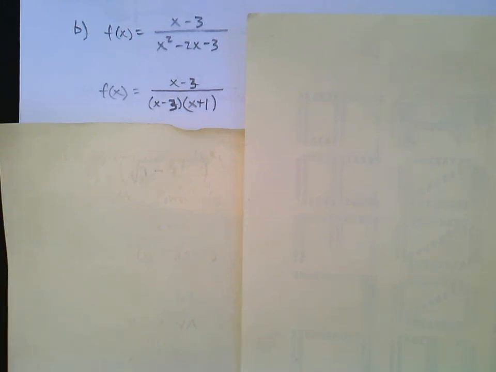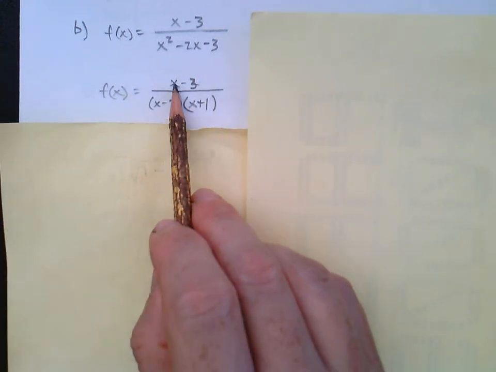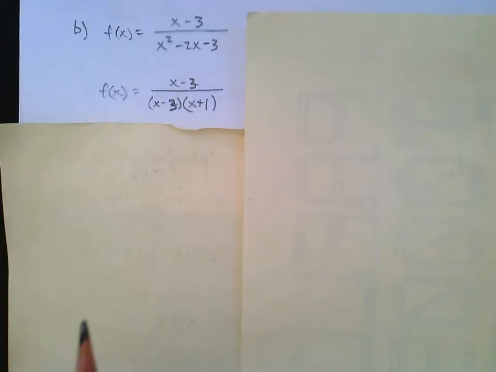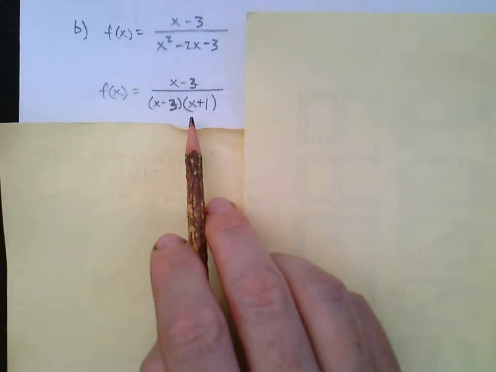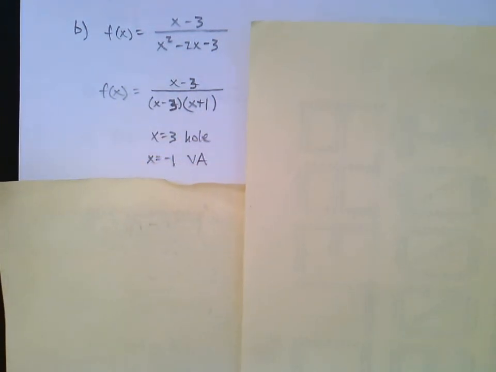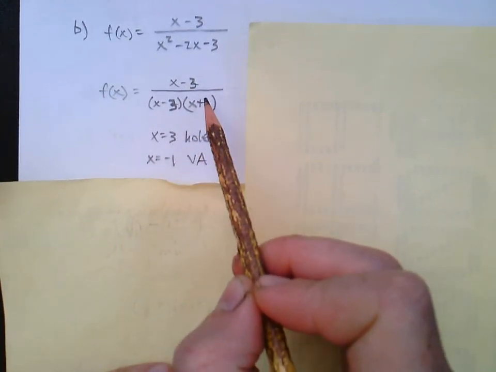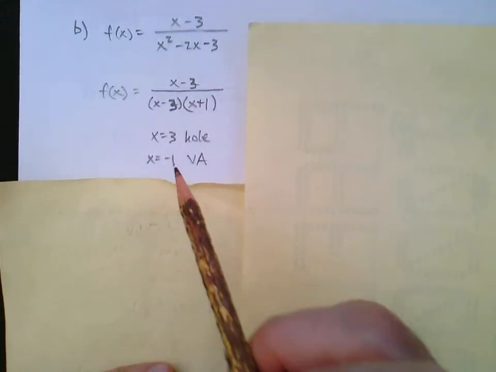And so we can tell there is a place where there's a hole, and there is a vertical asymptote. The factors that cancel would give you a hole. The one that does not cancel would give an asymptote. So where it would cancel would result in x equals 3. The one that does not, x equals -1.